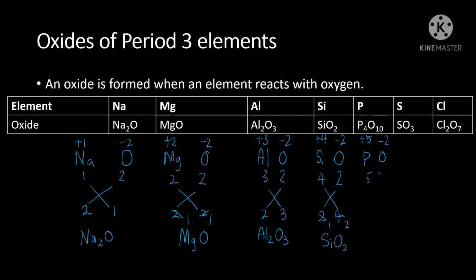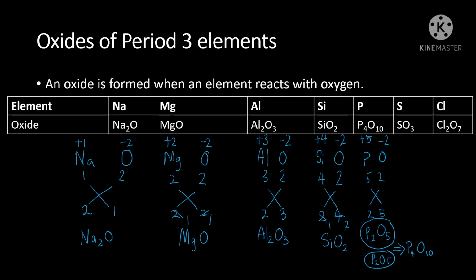So 5,2, cross, we get 2,5, and the oxide of phosphorus should be P2O5. And this P2O5 compound is not stable. So two P2O5 molecules will combine to give us a more stable oxide for phosphorus, which is P4O10.